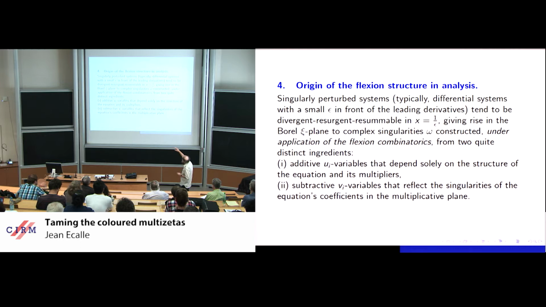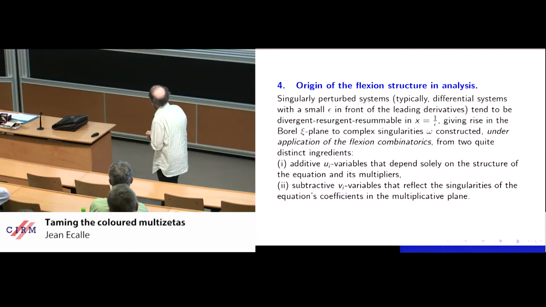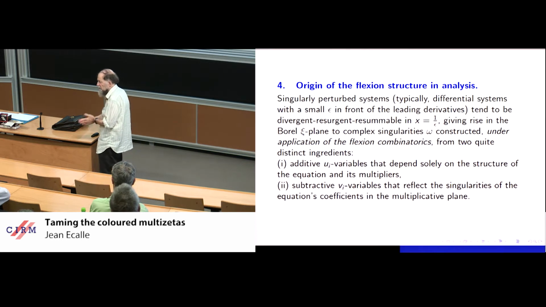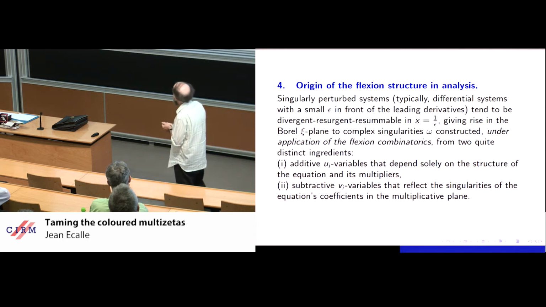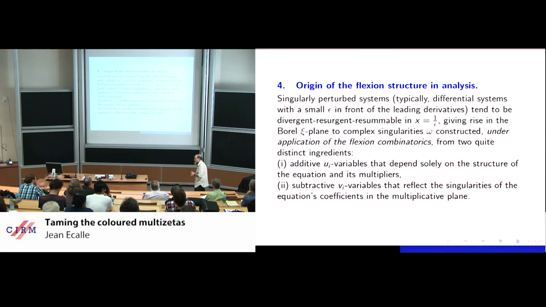Things like the U's, which have a certain rigidity about them: they depend only on the leading terms of the differential equation. And then V variables, which can be anything and which depend on the singularities in the multiplicative plane. The two things combine in a very specific way, which is dominated by precisely the flexion combinatorics and even the ARI-GARI product. The ARI-GARI operations emerge naturally from that context.